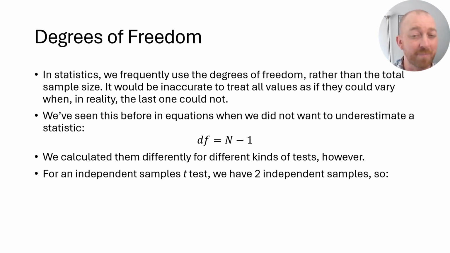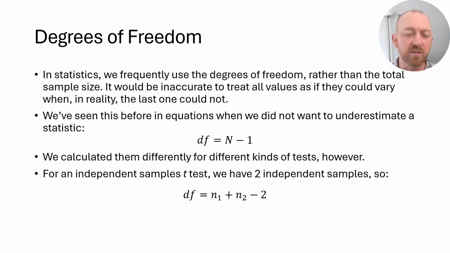For an independent samples t-test, because we have two samples that are independent of each other, it wouldn't make sense to combine them and then subtract 1. In fact, we would need to treat them as independent samples. So what we do is we take 1 away from each of the independent samples. With 2 independent samples, taking 1 away from each, that's of course removing 2 from the entire sample here.